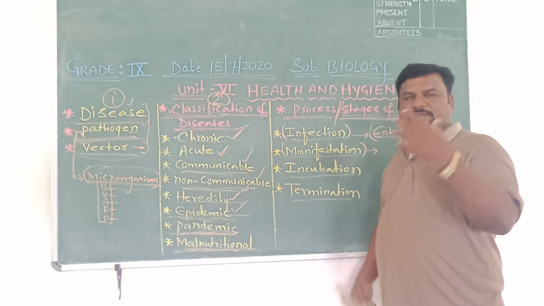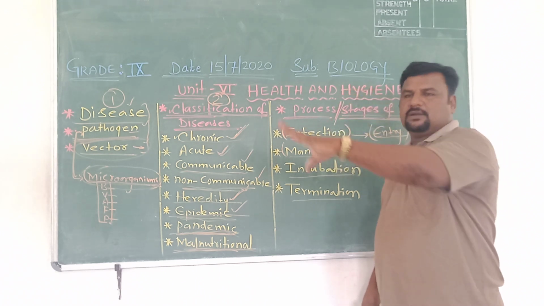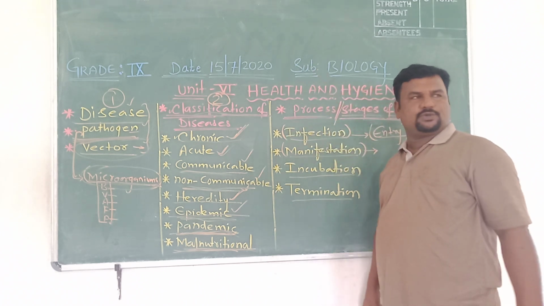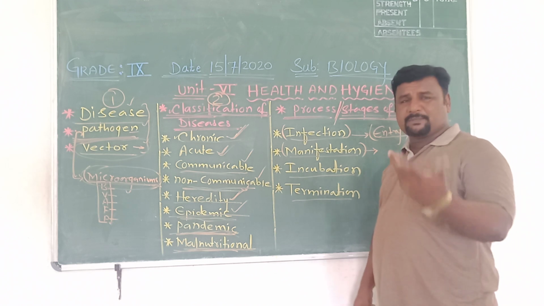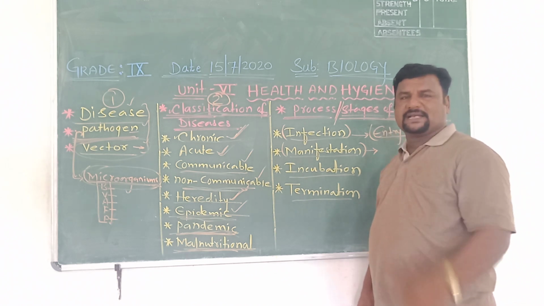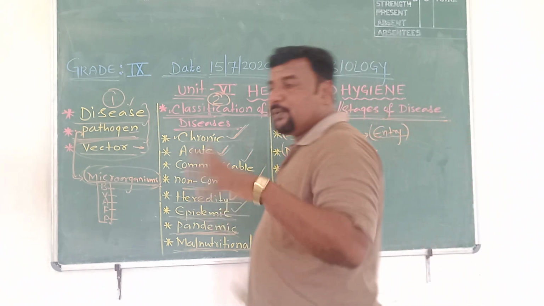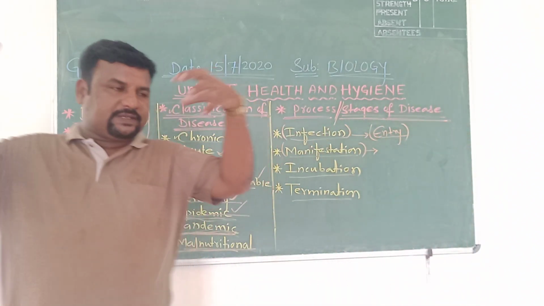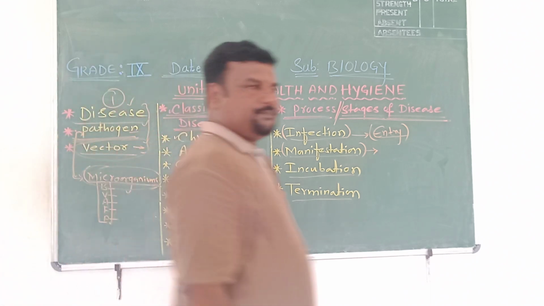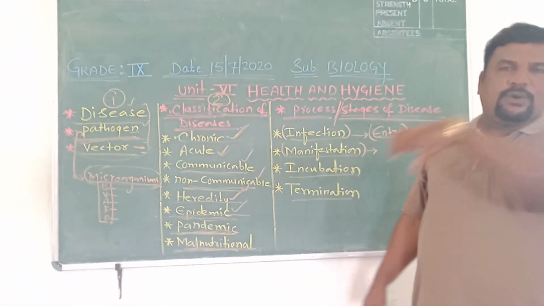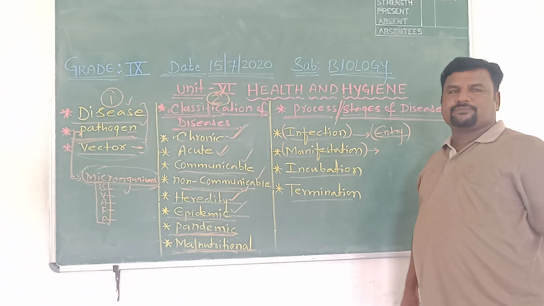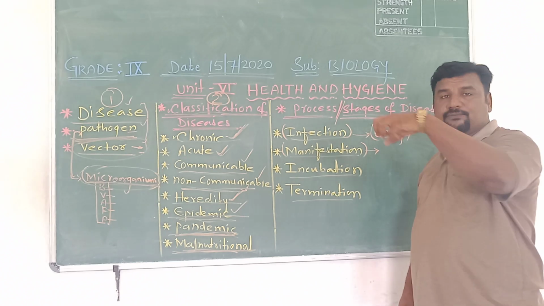Now, the pathogen responsible for the disease tuberculosis, caused by a bacterium, mycobacterium. If the mycobacterium enters into the body, where do they settle down? They settle down in the lungs. If poliovirus enters into the body, it settles down in the lymph vessels.